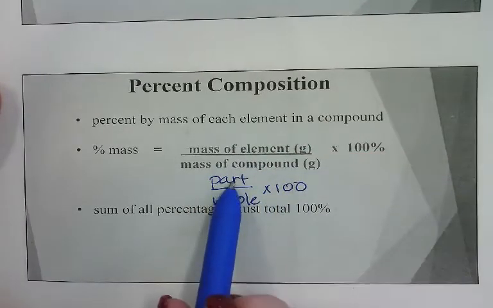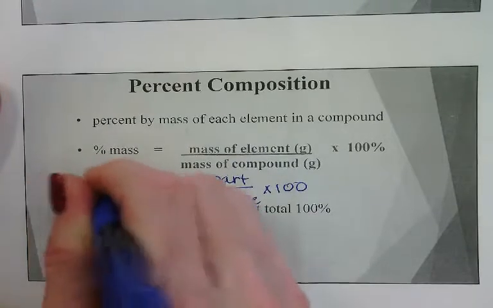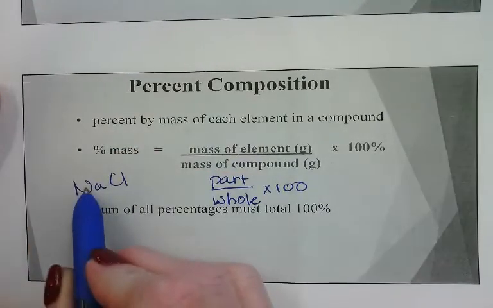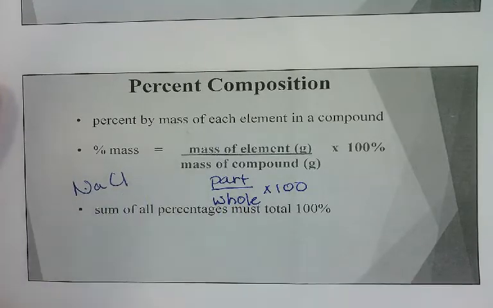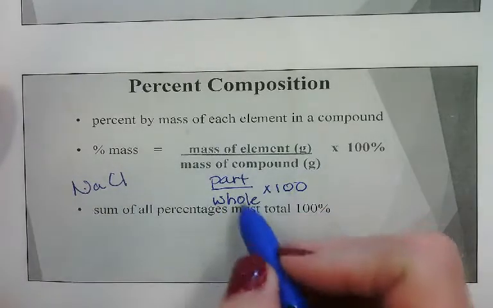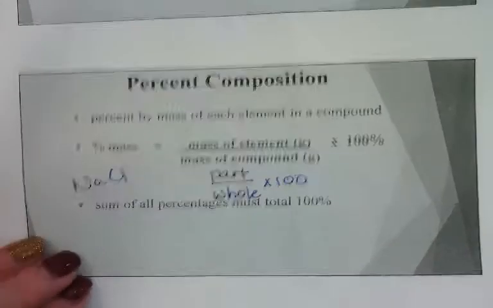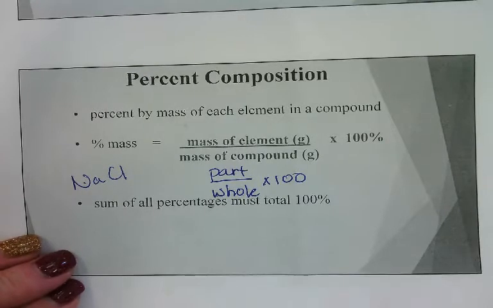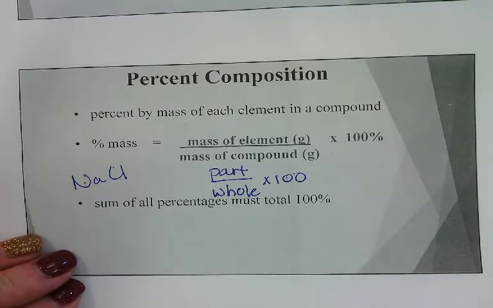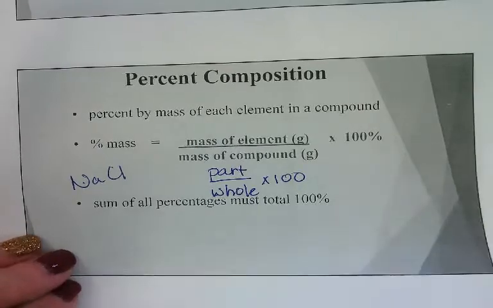So it's the part of sodium chloride that's sodium, divided by the whole thing, so I would have to add up the entire mass of sodium chloride. The percentages will all sum to 100 or someplace really, really close, like 99.8 or 100.2.